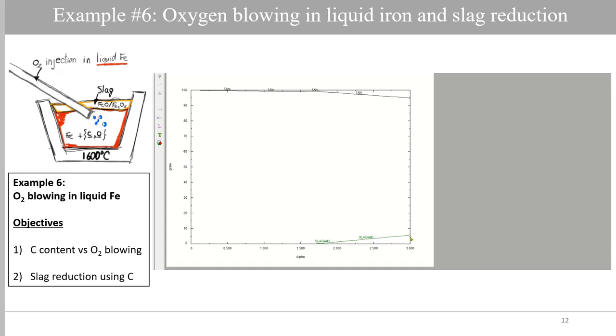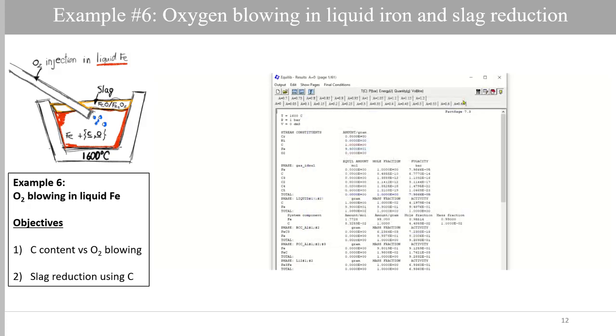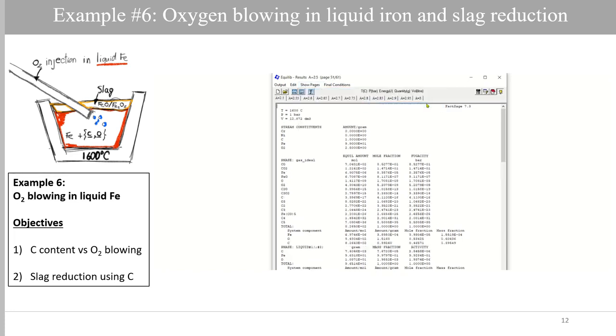What I'll try to do next is to save the stream at an alpha value of 3 for the slag and try to see if I can reduce this slag again by injecting carbon inside of this slag solution. So I'm going to close this window. I'll go back to my result window and go in show pages, and I will go to the last calculation at alpha equal to 3.